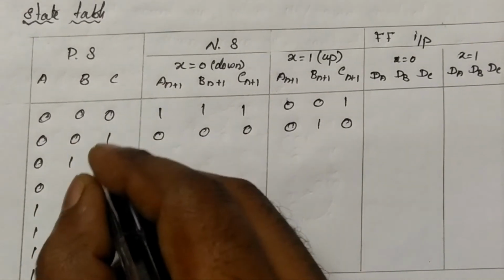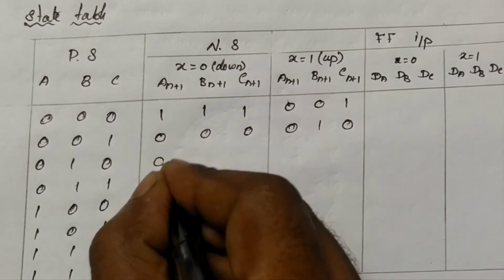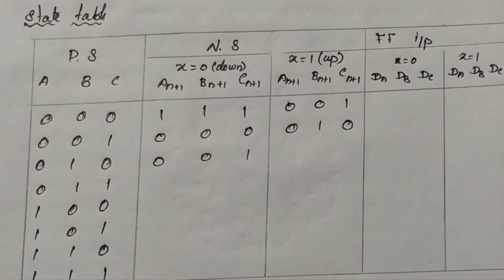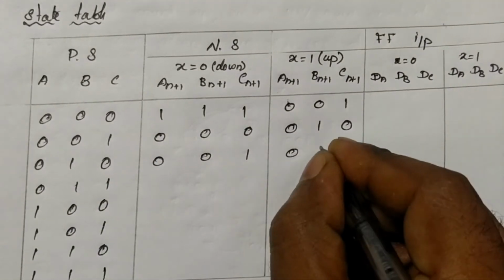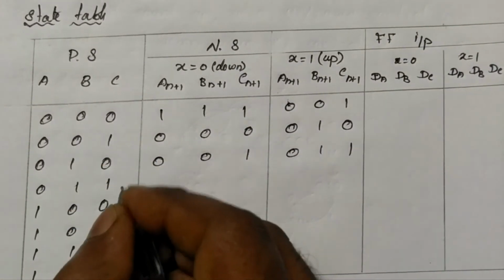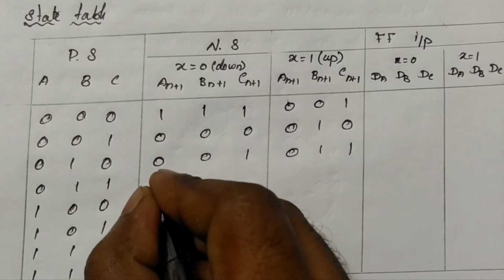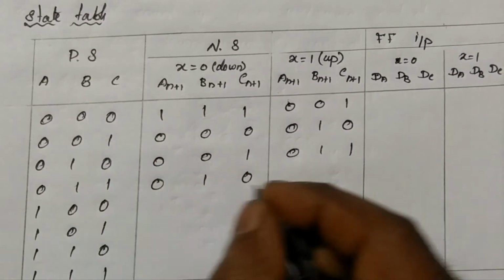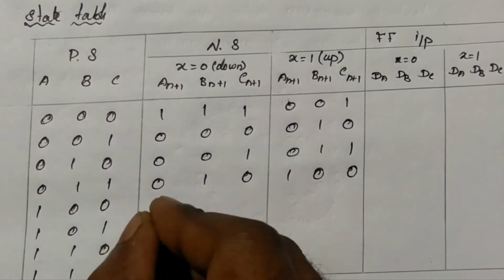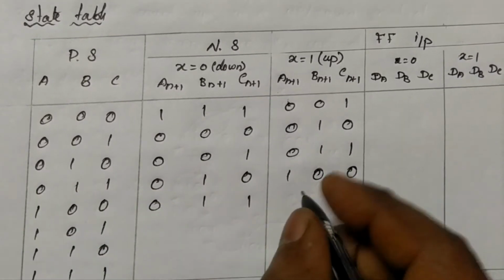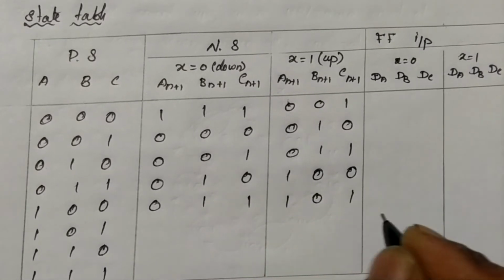From here its next state is 0 0 1, here it's 0 1 1. From here its previous value is 0 1 0 and its next value is 1 0 0. From 0 1 1 its next value is 1 0 1.